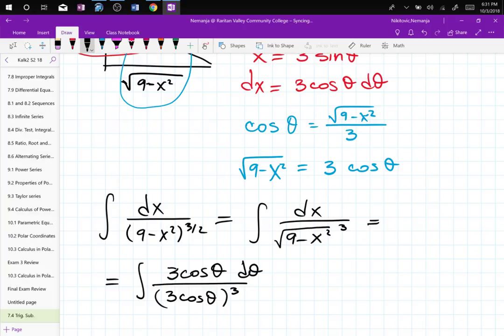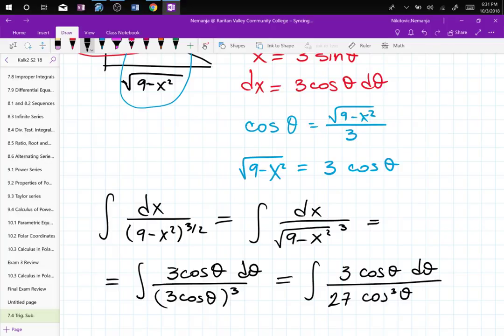Oh, I forgot the d theta on top. Oops. dx was 3 cosine theta d theta. That's not there for decoration. We need it. So now when you simplify this, while you apply the cube, you have 3 cosine theta d theta in the numerator, and the denominator is 27 cosine cubed theta.